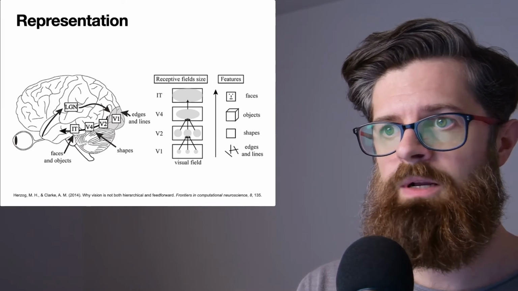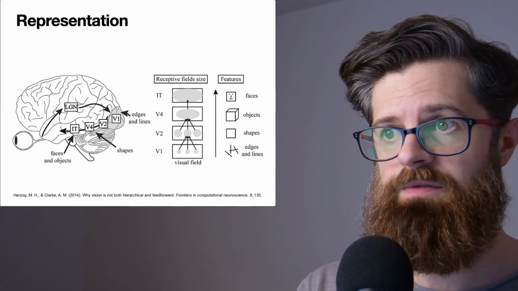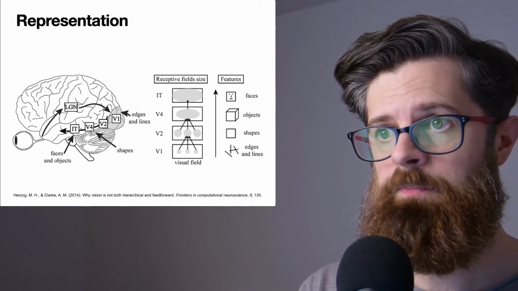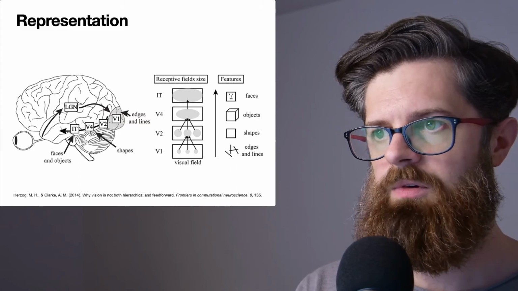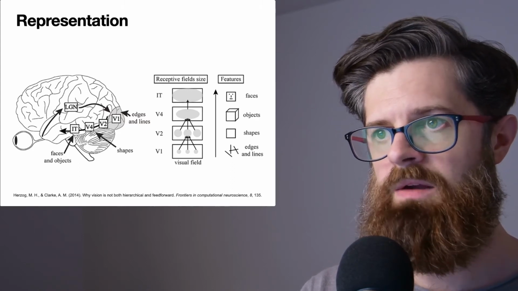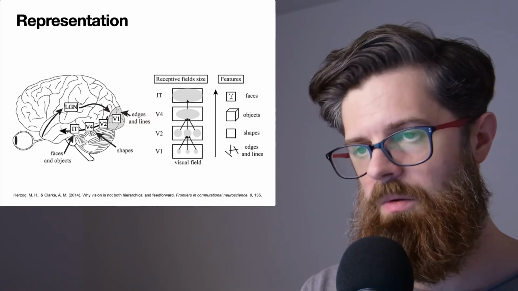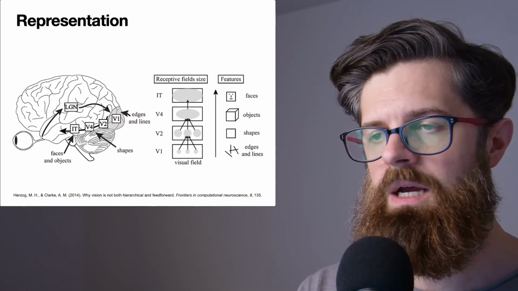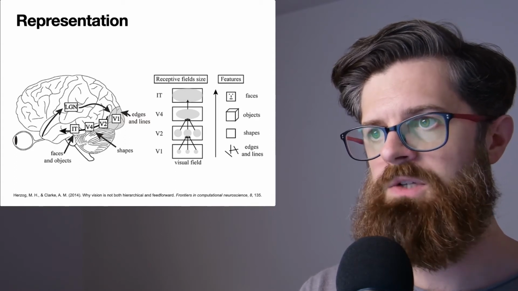Now we could look at slightly later points in the visual system, such as area V2 or area V4, and we see that neurons here are most active in the presence of more complicated stimuli, so simplified shapes and simple objects, for example.